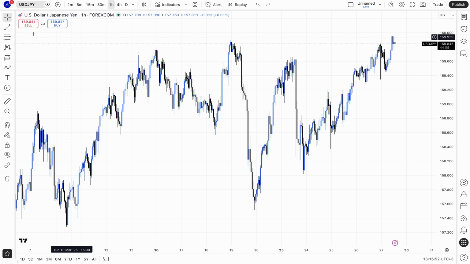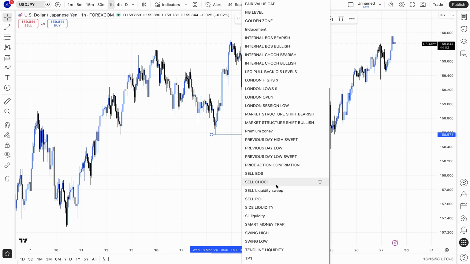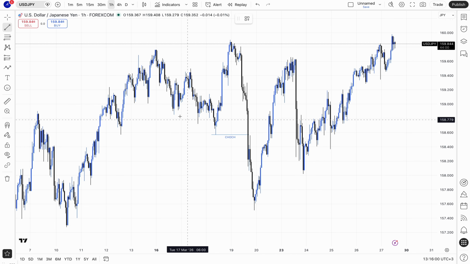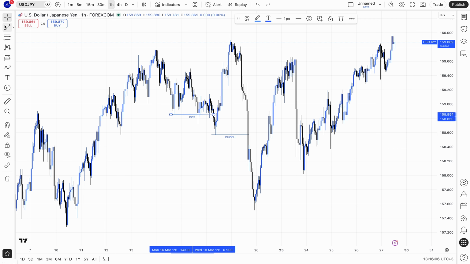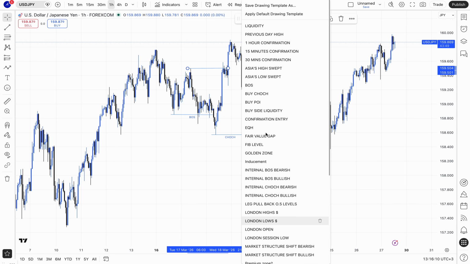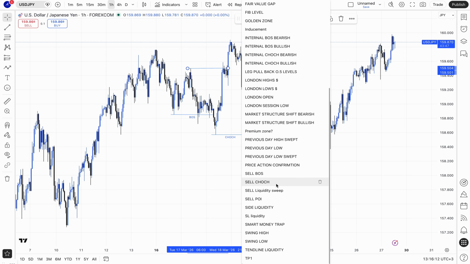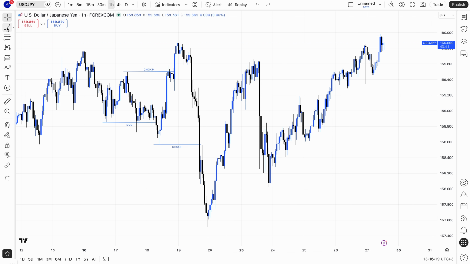So as you can see, this was our change of character to the downside. Before that, we had a break of structure to the downside, which was here. Before that we had our change of character to the upside that led to the change of character to the downside after being disrespected. So we have another change of character to the upside, external market structure.